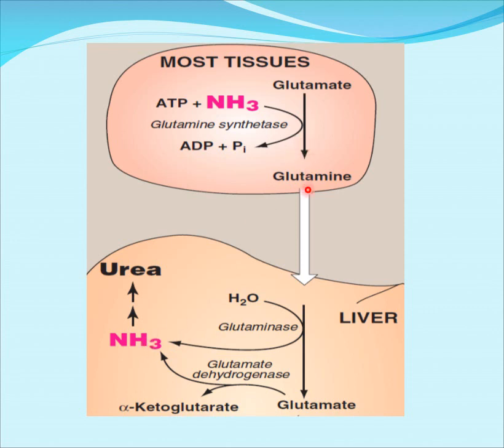So glutamine helps to transfer 2 moles of ammonia from most tissues into the liver, and the liver is the only organ that can handle ammonia effectively without any harm. It's mainly converted into urea, which we discuss next.